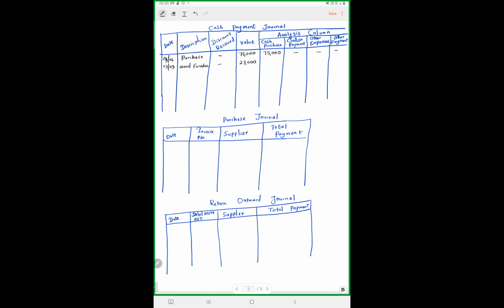The company is incurring such costs to acquire an asset, so it is not cash purchase or creditor payment; it is other payments, 23,000, because wood furniture is an asset.